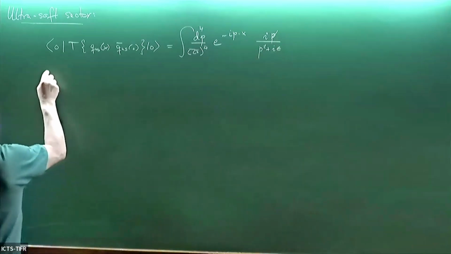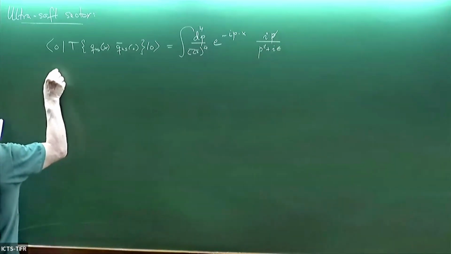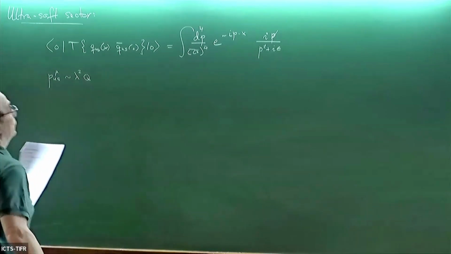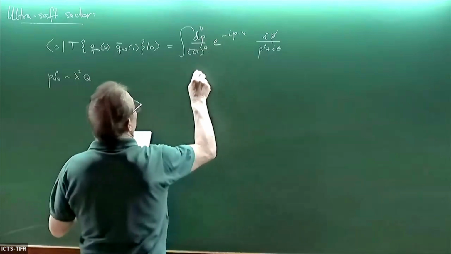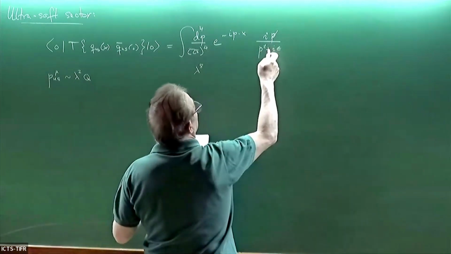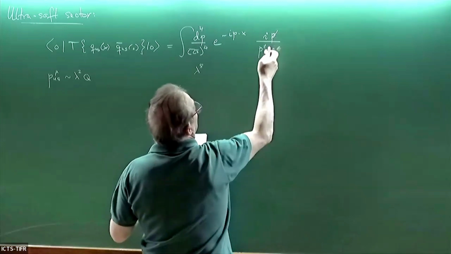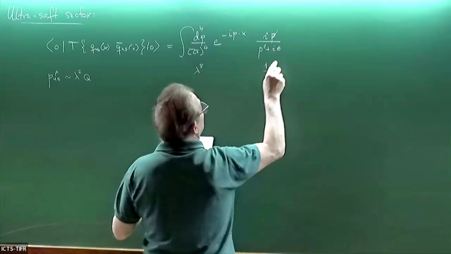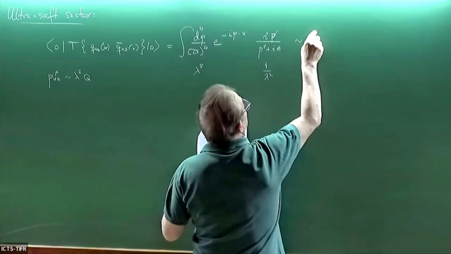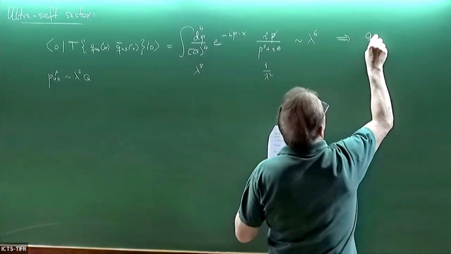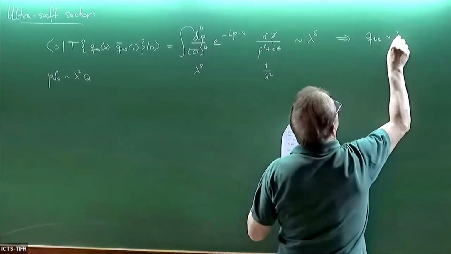Remember that now p ultrasoft, all components scale like lambda squared times Q. So here I have 4 components that makes lambda to the 8. And here I have essentially 1 component upstairs and 2 downstairs. So this is like 1 over lambda squared. So this scales like lambda to the 6, which means the ultrasoft quark field scales like lambda cubed.